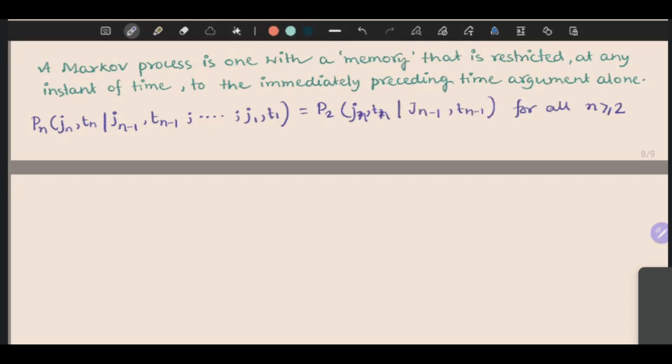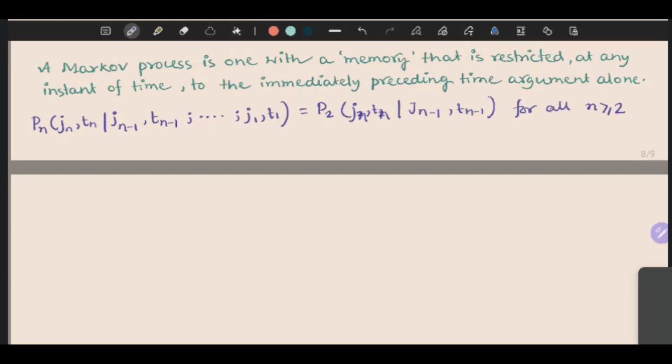So all these joint probabilities of a Markov process can be expressed as products of just two conditional probabilities and a single time probability P1 of J1 T1.